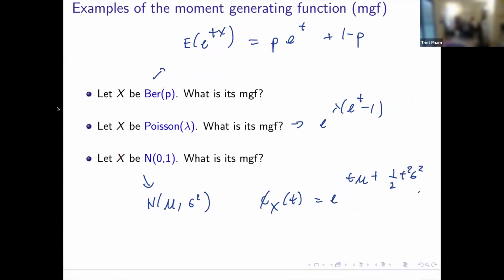But the point is you will memorize these and just use them, and quote them just like the PDF and PMF that we have derived, or expectation and variance that we derived in a previous lecture. Is that okay? Any question? All right.